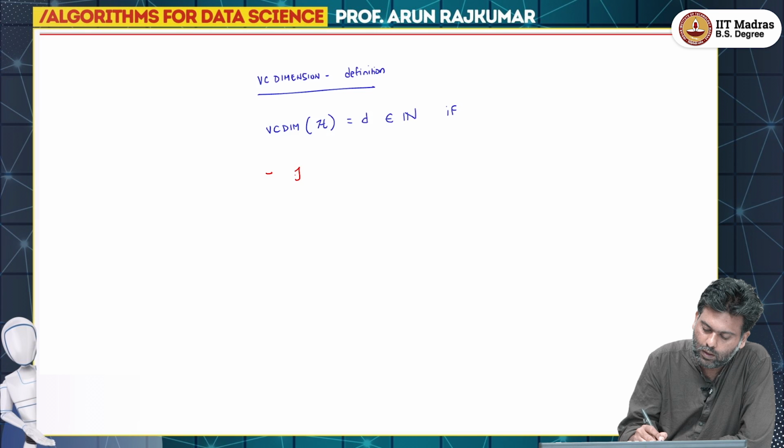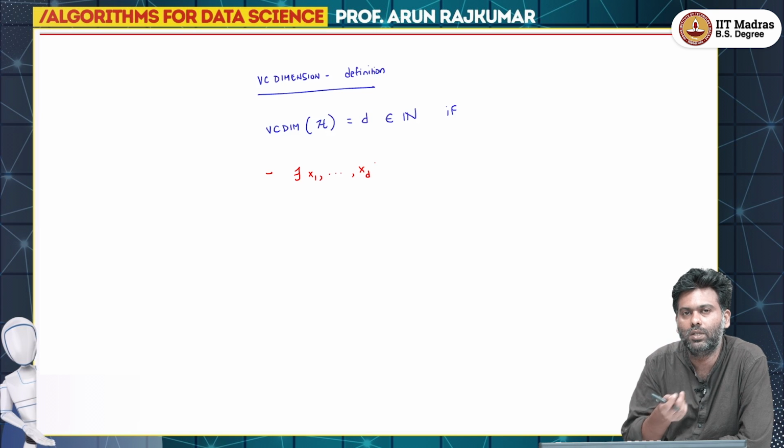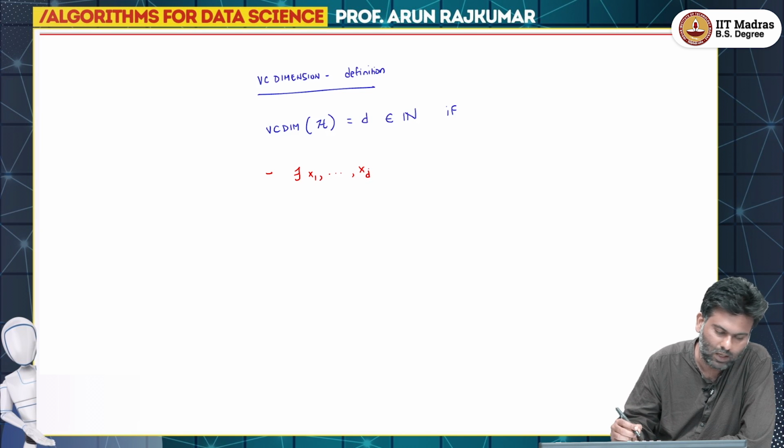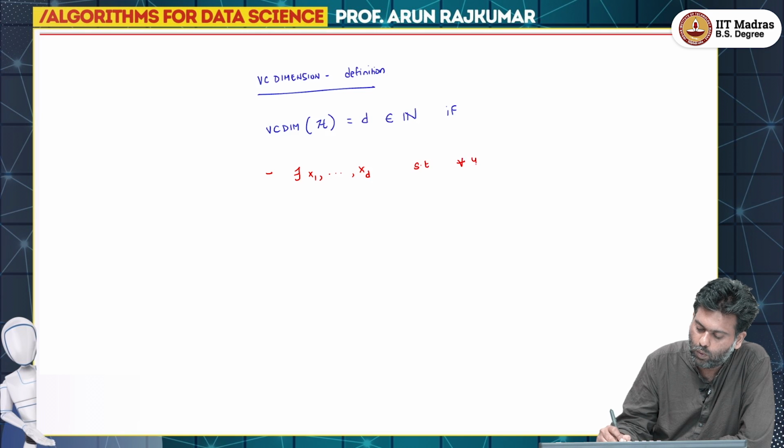One, there exist x1 to xd. When I say the VC dimension is some value d, it means that as player 1 you should have been able to produce x1 to xd such that for all y1 to yd, you can produce a hypothesis from the hypothesis class.